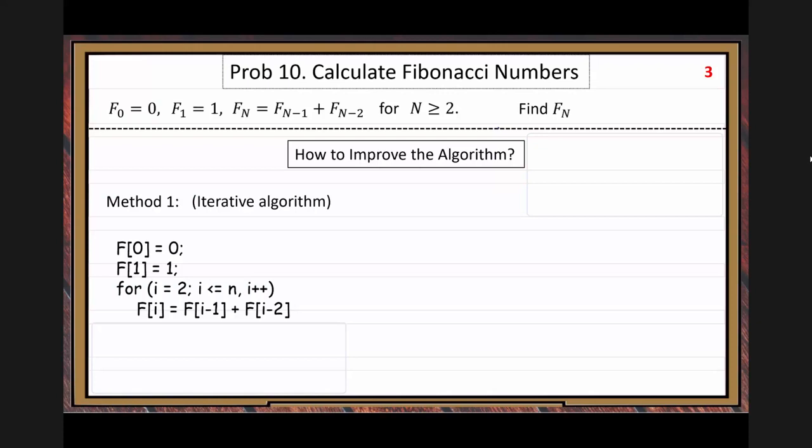We call this the bottom-up way. This is the bottom-up implementation. At the end, you reach the top value, F of n. But there is no redundant calculation. Each value we only calculate once. This one is very fast.